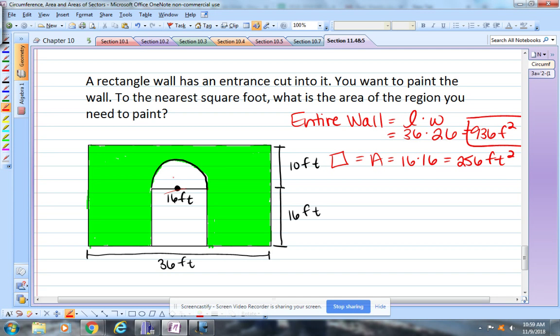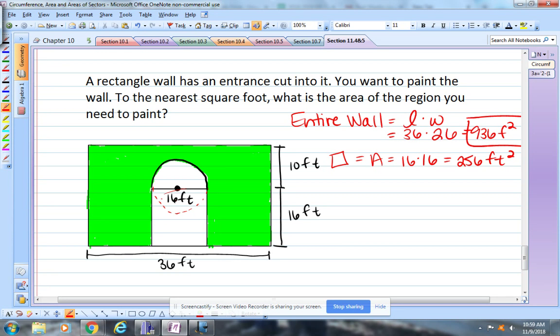And then we need to find the area of a semicircle. How do you think you find the area of a semicircle? You find the area of what the whole circle would be, and then you subtract half of it, or you divide it by 2. Does that make sense? Find the area of the whole circle and take half of it.